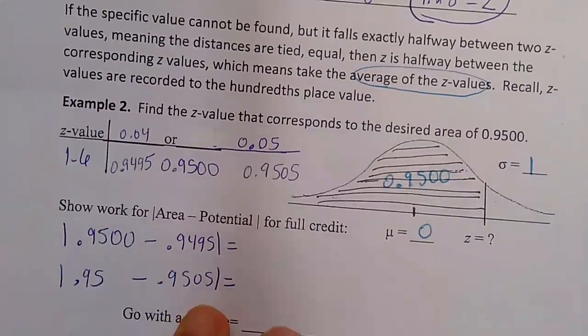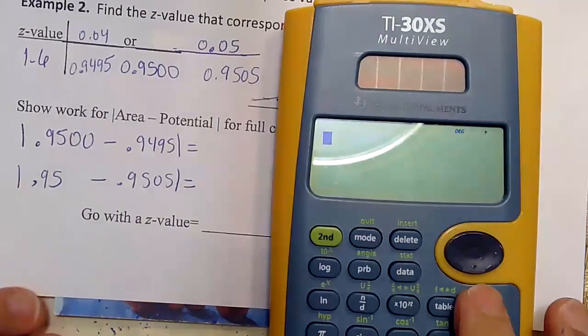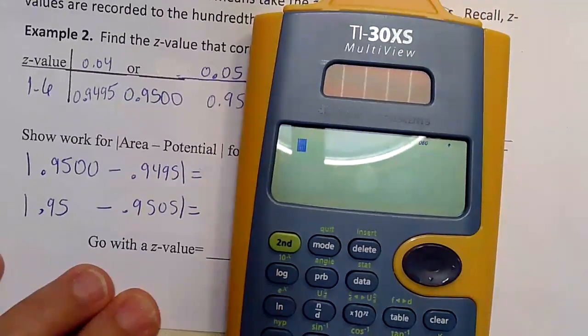It is easier if you do a basic calculator, because sometimes the graphing calculator does scientific notation.